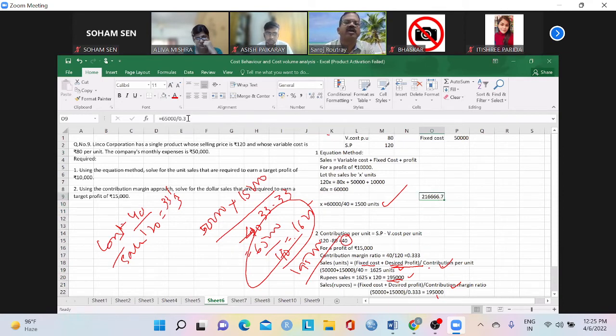If you add another 0.03, you will get this much. So I will suggest don't take only 0.3 because it is 33, no? So you can take 0.33, at least 2 digits you take. Otherwise, the difference will be very big. Okay, so very simple: equation method and contribution margin method. Let's move to another question.